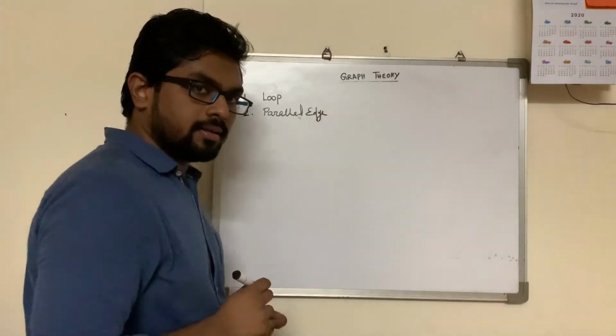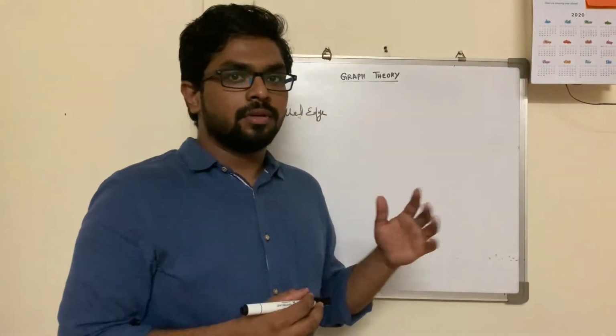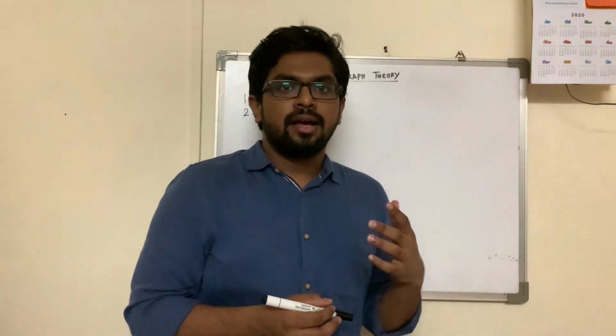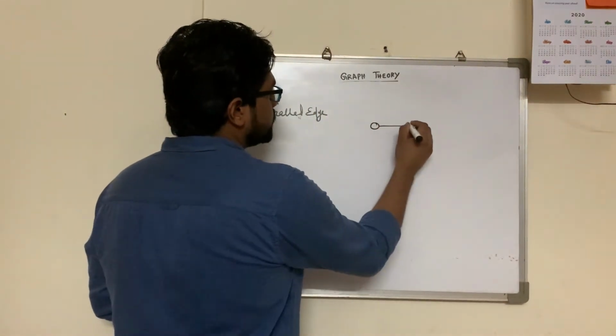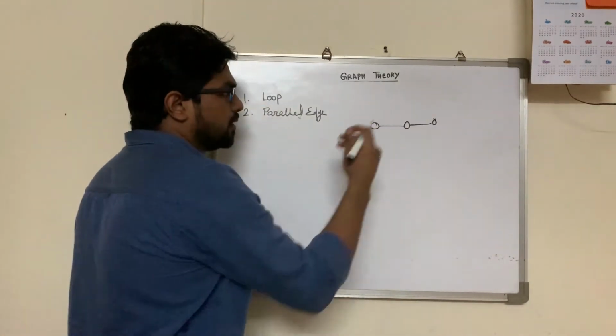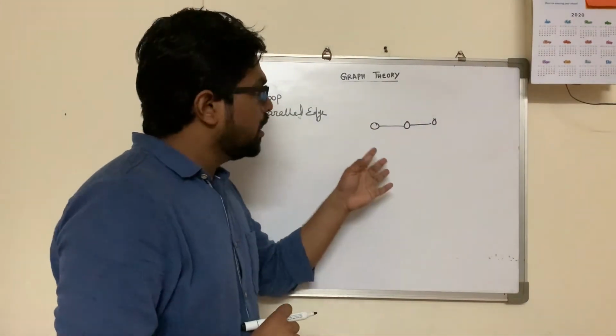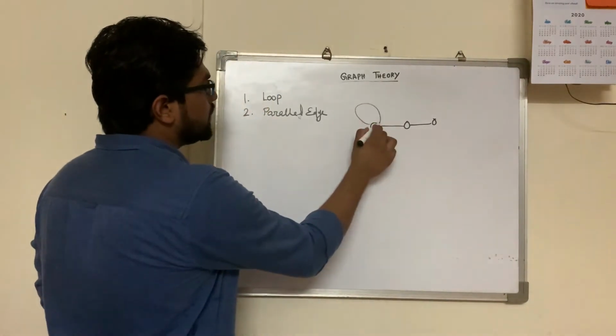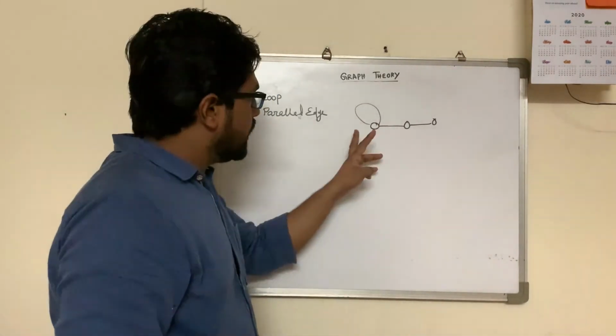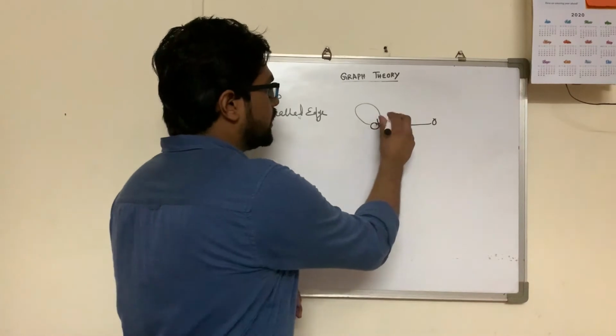So what is a loop? From the name itself, it's very easy to understand, but still, take a graph with some vertices and edges. A loop is something like this. Simple. It can be undirected or it can be directed.